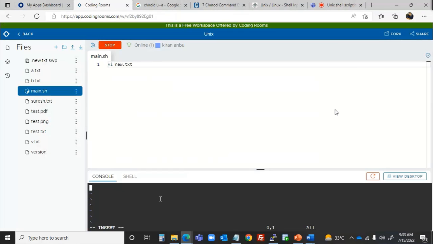Insert, put the contents, paste the contents, or type the content, then escape, colon WQ. Just always remember that one.